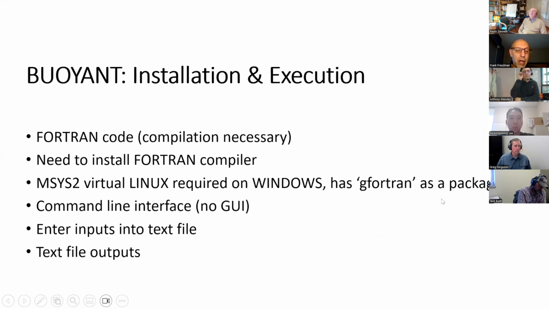So that's how I adapted my Windows machine for both the Linux virtual environment and Fortran. There's a command line interface, no GUI like the FDS model. You enter inputs in a text file, and you get text file outputs.